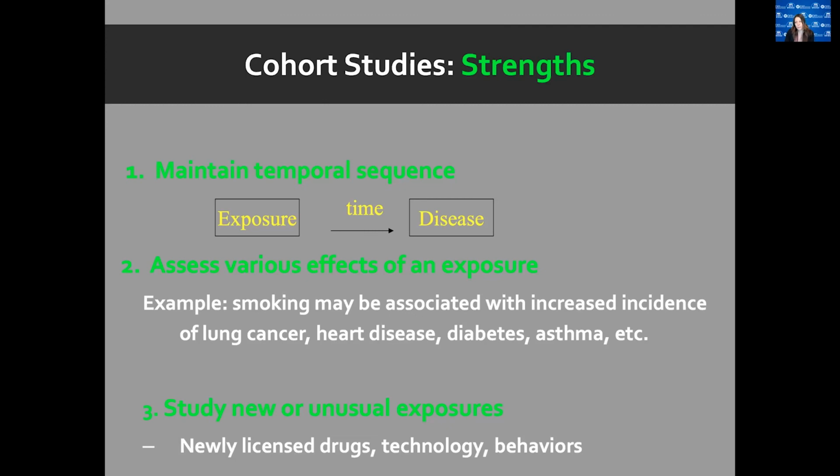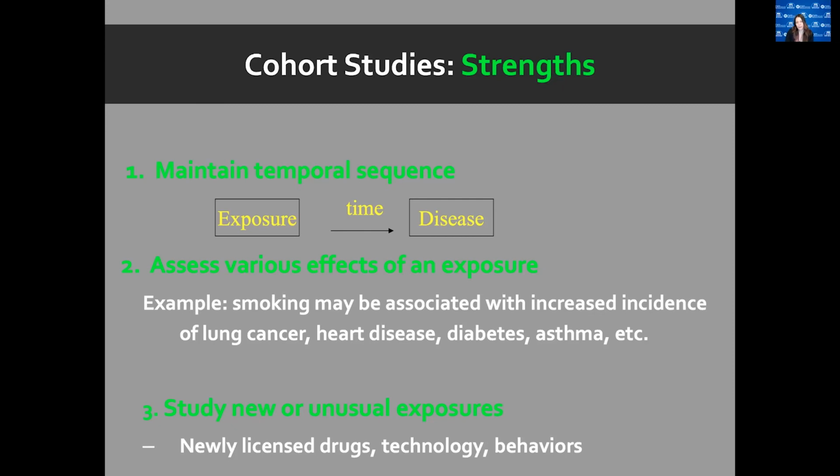So major strengths of cohort studies, especially prospective cohort studies: they maintain the temporal sequence between exposure and disease development. You can assess various effects of an exposure. By that I mean, let's just say that we're interested in coffee consumption as the exposure.